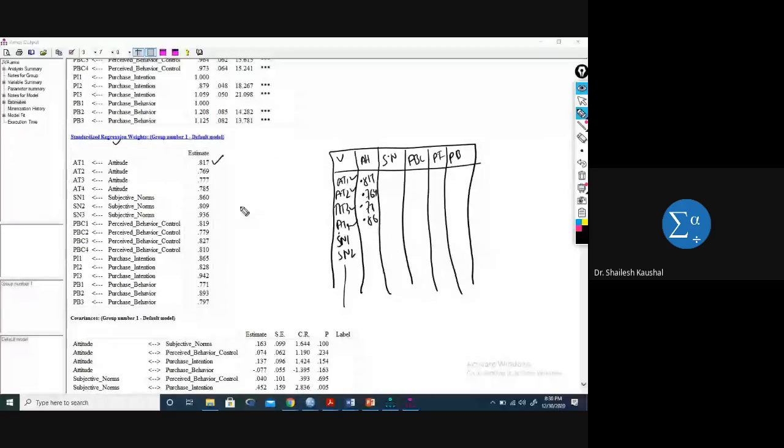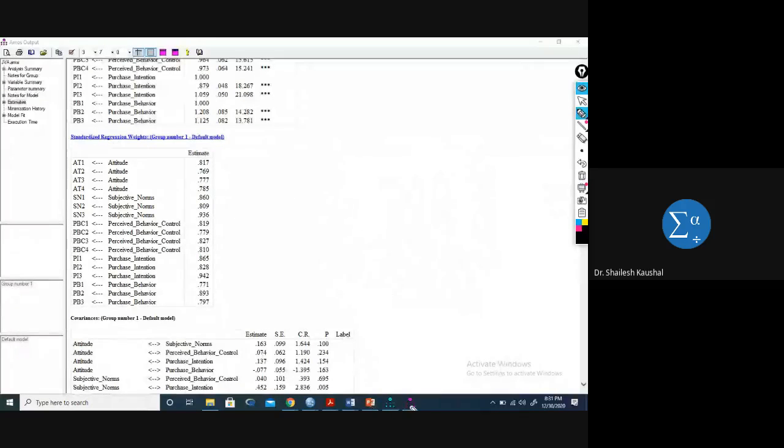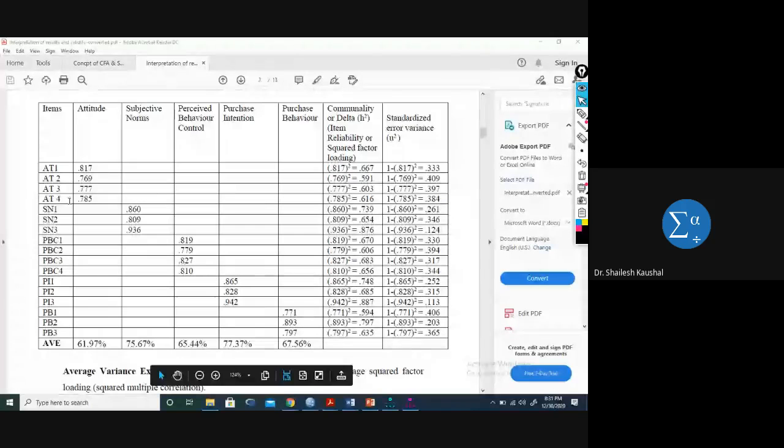And these are the three values of subjective norm: 0.86, 0.809, and so on. So I have created my table here. You can see this is my table, and I obtained these values from the standardized regression coefficients.